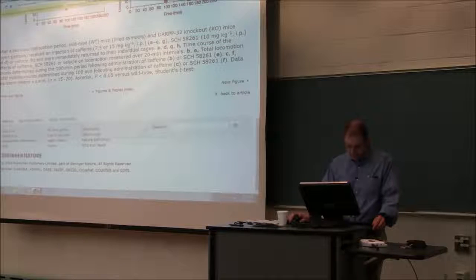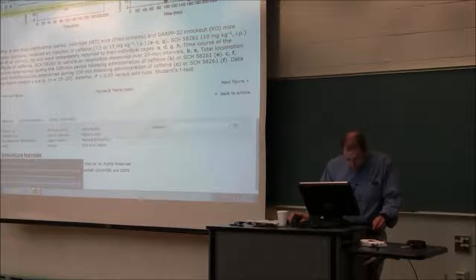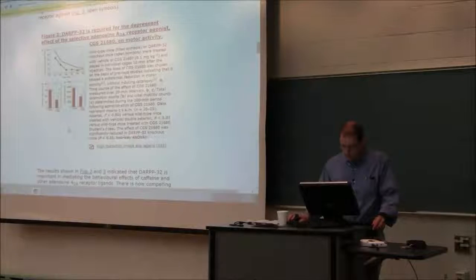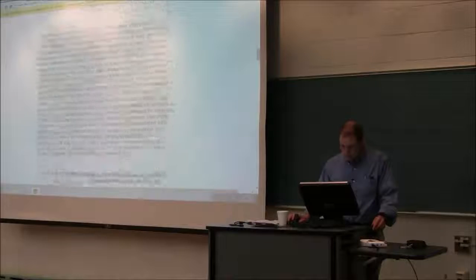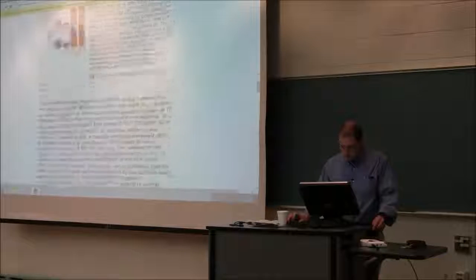All right, now let's see if there are any other figures in this paper that are going to be good to look at. I think that is the main one.